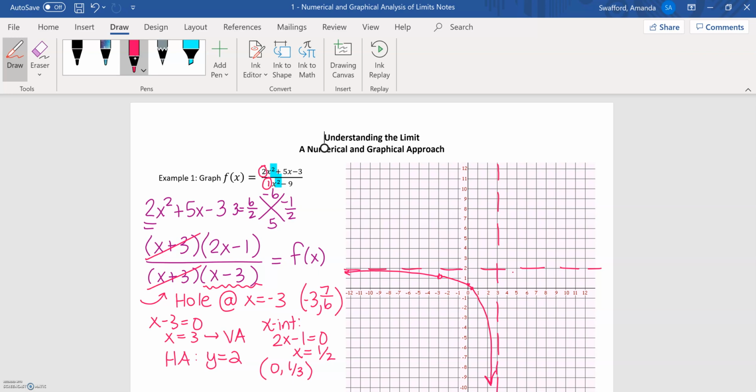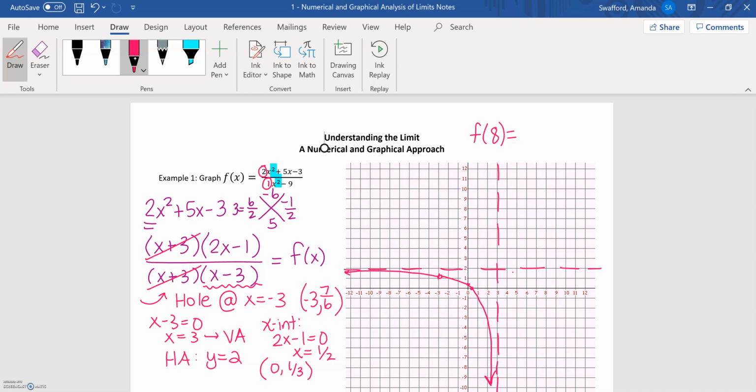Okay, so we do need to make sure there's not more to this graph, and we do hopefully remember characteristics of rational functions, and there should be another branch either in the top portion or the bottom portion that's to the right of the vertical asymptote. So at this point, I would just test a point. I'm going to evaluate 8. So I'm going to find f of 8. I just randomly picked 8. I could have picked any number to the right of 3, but I picked 8.